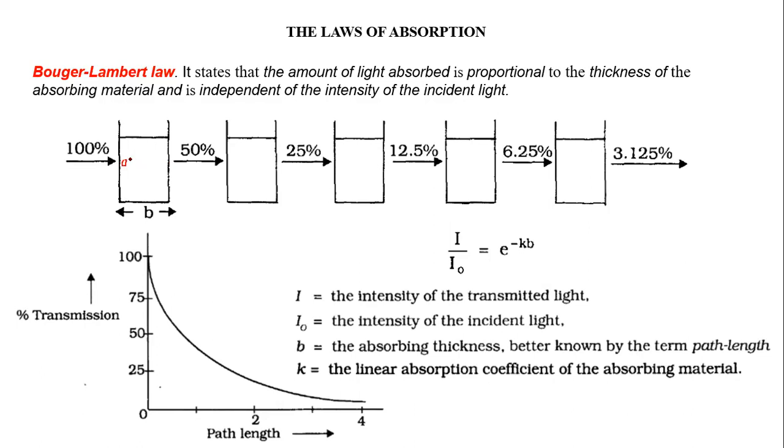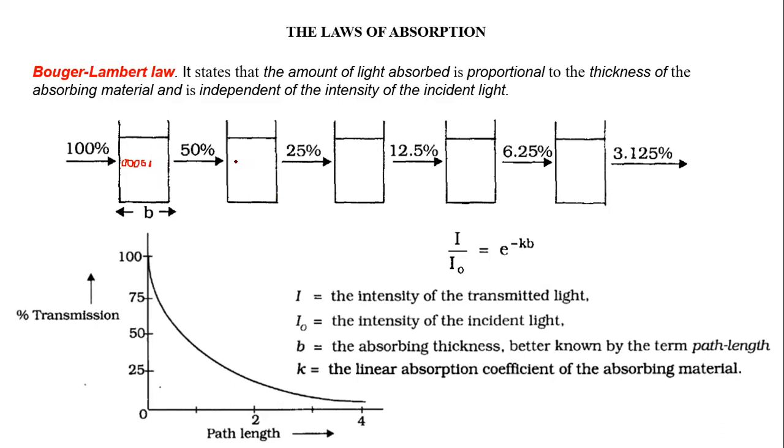And the more molecules it encounters in its path, the more will be the absorption, correct? And how many molecules it encounters in its path, will it not be dependent upon concentration?